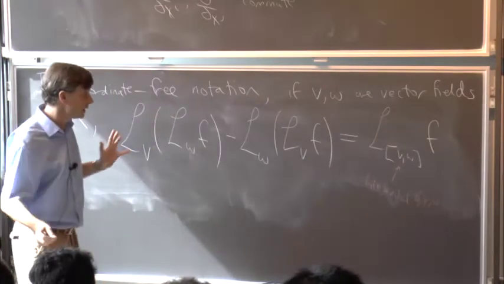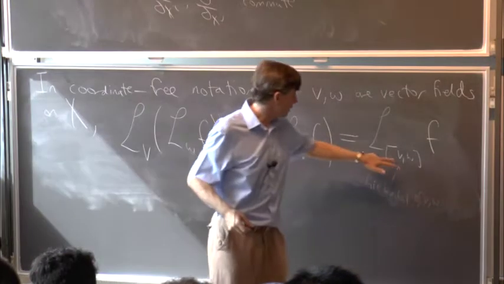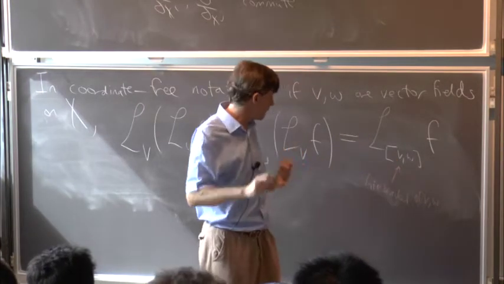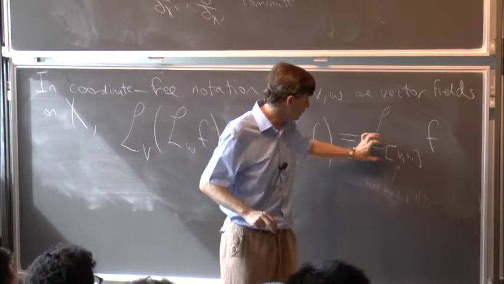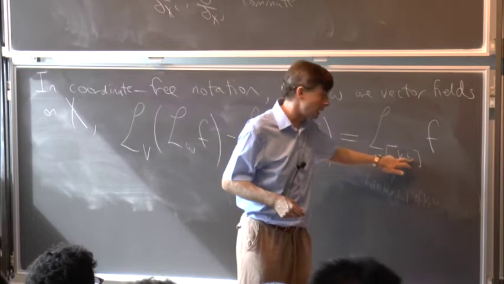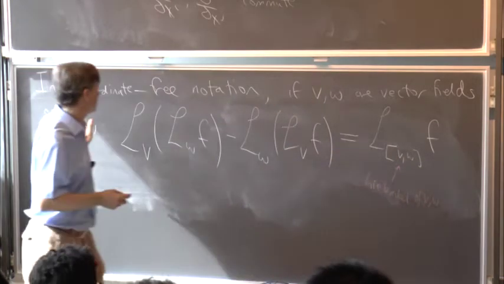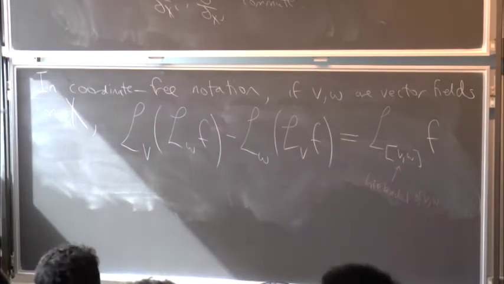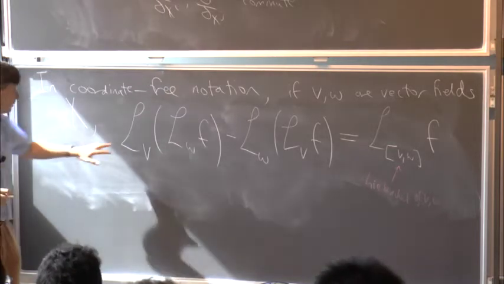So one basic operation is if you have two vector fields v and w, you can form a third vector field [v, w], which involves the derivatives of both v and w. And you can kind of check this just by using the formulae for v and w here.